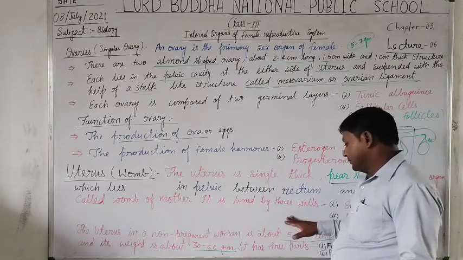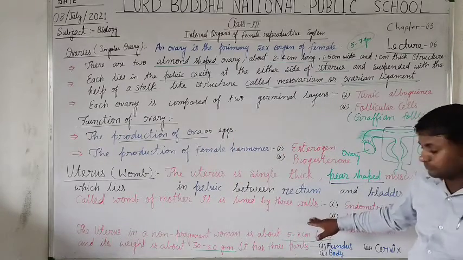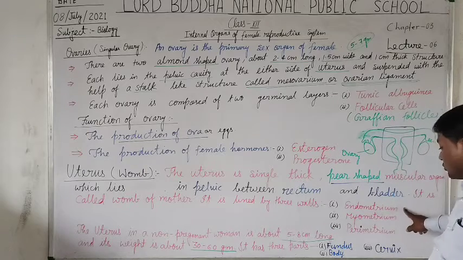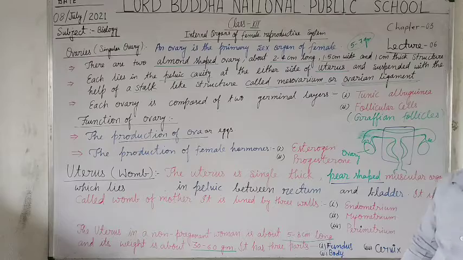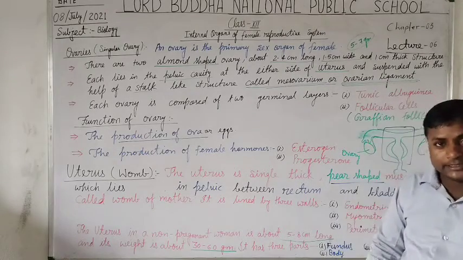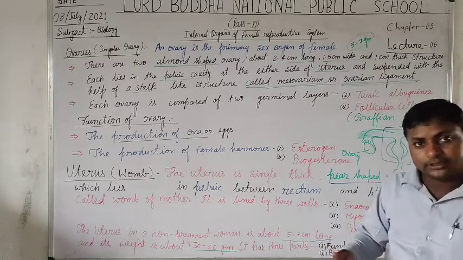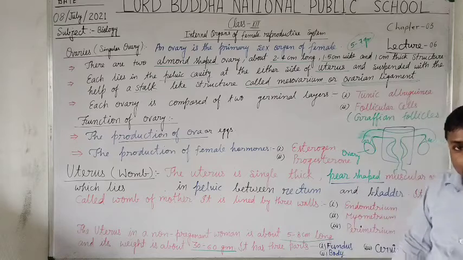It is lined by 3 walls. The innermost wall is called endometrium. It is a disintegrating wall. It replenishes with each menstruation.